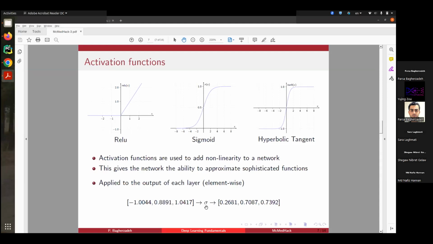If we apply the sigmoid function, as I mentioned, it maps all of the values between 0 and 1.